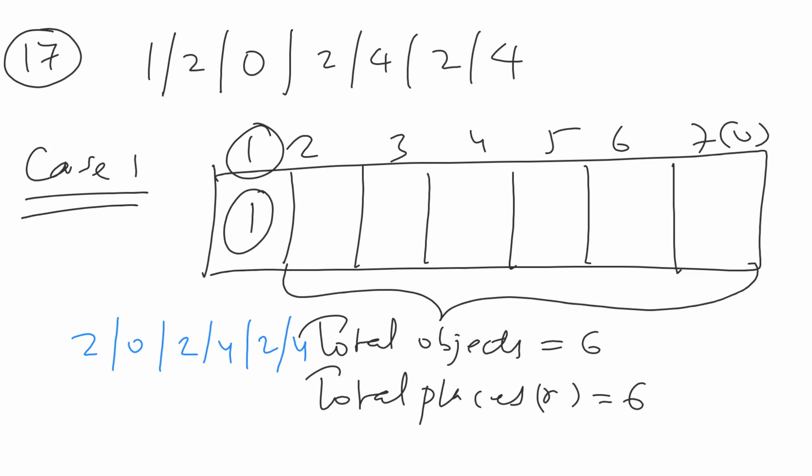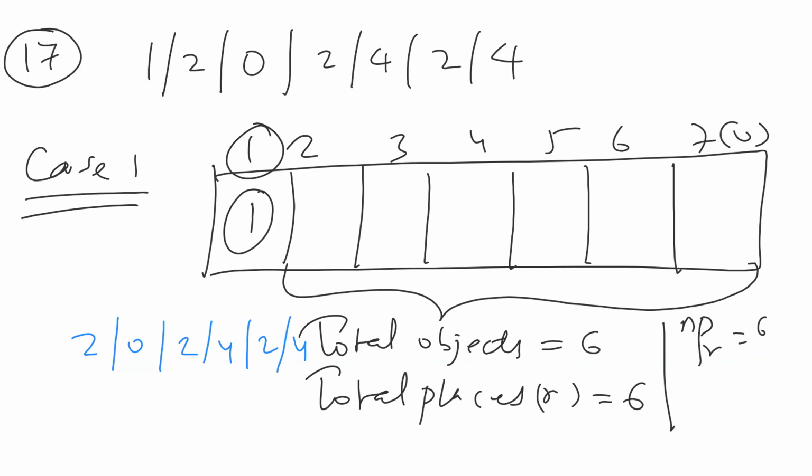So for case 1, the answer will be nPr. What I'm doing is, I am not using nPr right at the beginning because 0 is present. So I'm breaking it down into cases and then I'm using nPr arrangements.